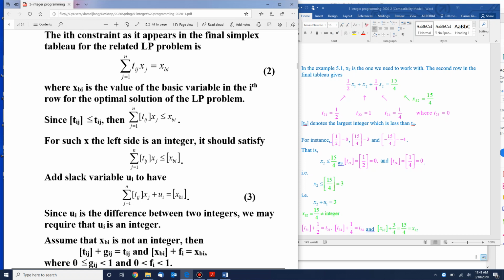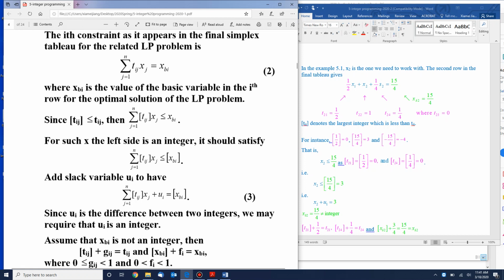Now here, we follow this one. Since we take the largest integer less than Tij, we make all the coefficients before each variable the largest integer less than the coefficient, and the right side the largest integer less than xbi.